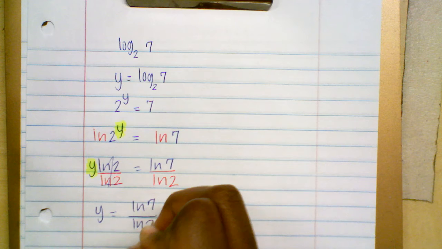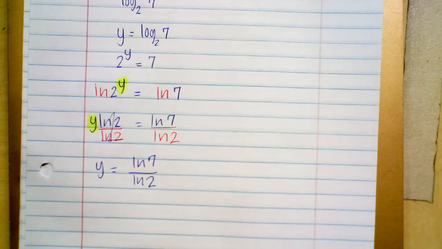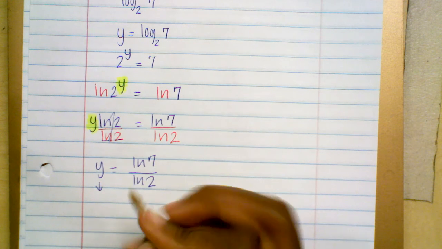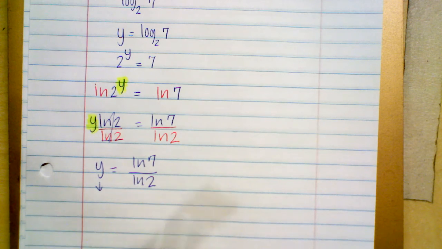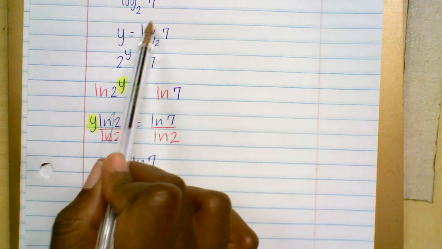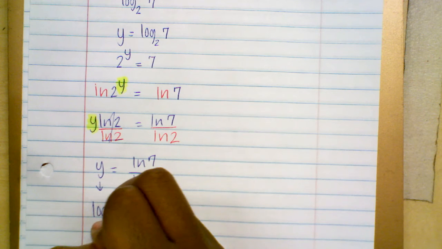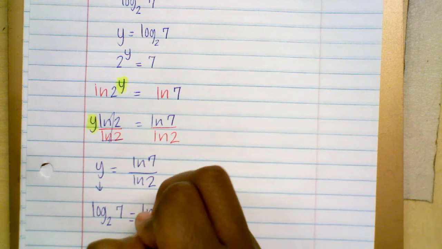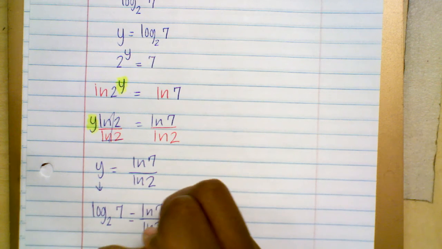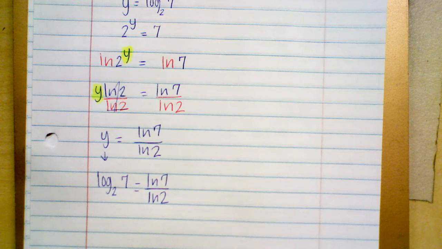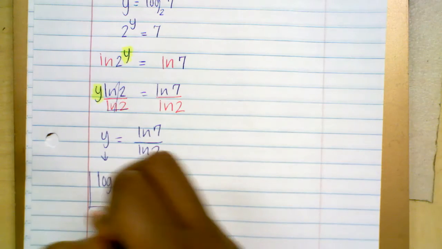The final answer is ln of 7 over ln of 2. Since y is log base 2 of 7, log base 2 of 7 equals ln of 7 over ln of 2. That's the final answer.